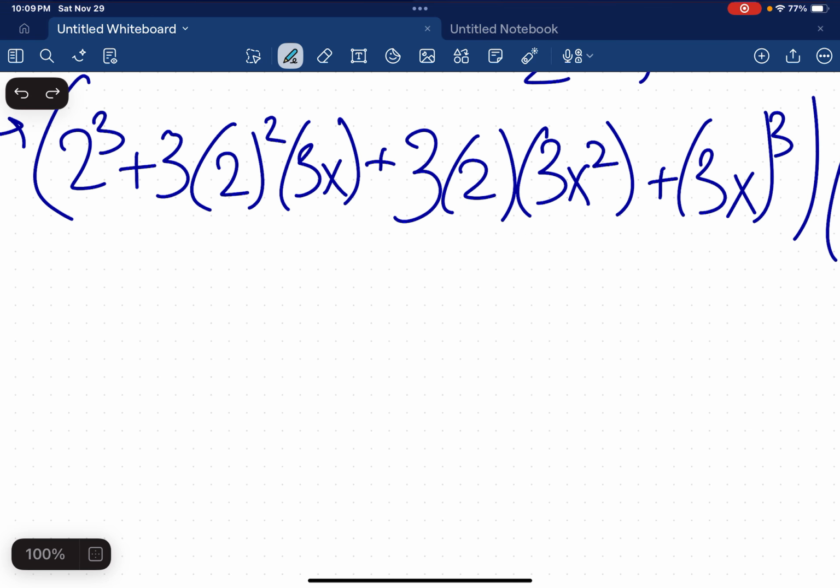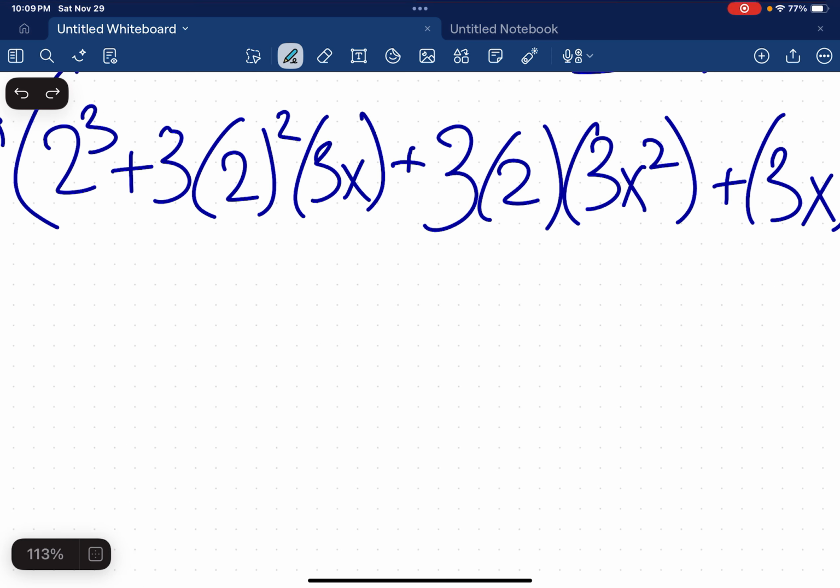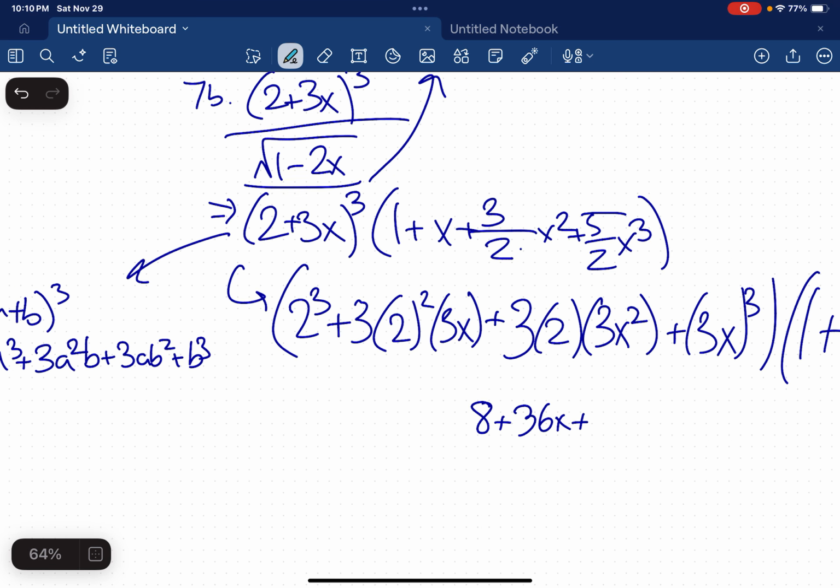Okay, I'll show it since it's the last problem. I'll show how you'll end up multiplying this. We'll have an 8 here plus 4 times 3, which is... Let me get a calculator out before I mess up on myself. We'll have 3 times 4, which is 36x plus... Wait.